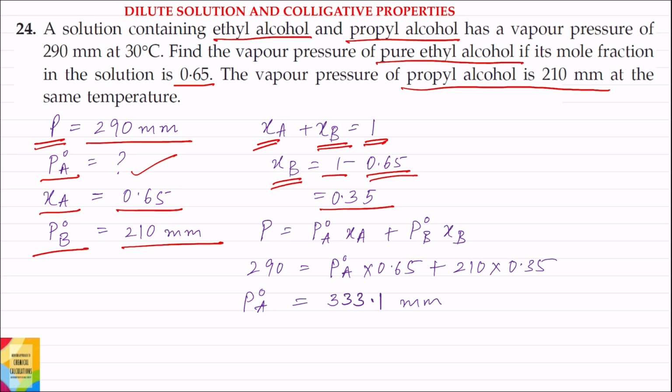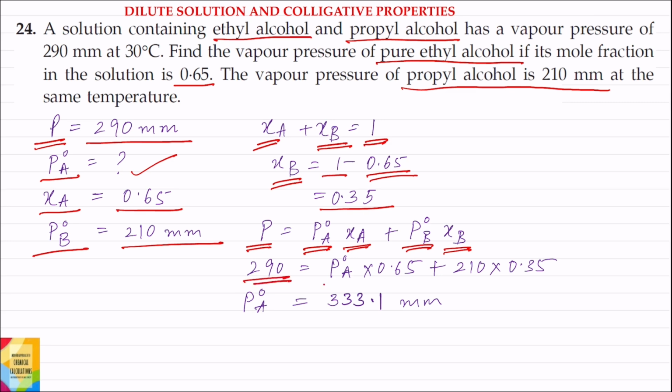Now applying the formula, vapor pressure of the solution is equal to vapor pressure of pure ethyl alcohol into mole fraction of ethyl alcohol plus vapor pressure of pure propyl alcohol into mole fraction of propyl alcohol. Vapor pressure of the solution is 290 millimeter of mercury.